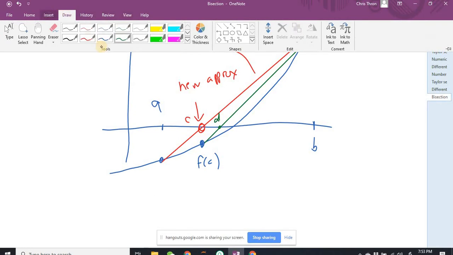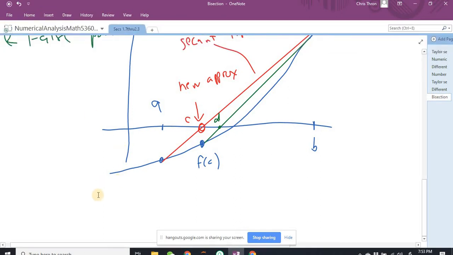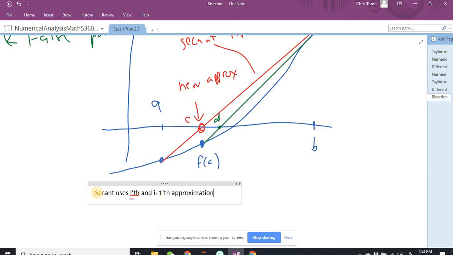I'll just write this with words. The secant uses the ith and (i+1)th approximations to find the (i+2)th approximation.